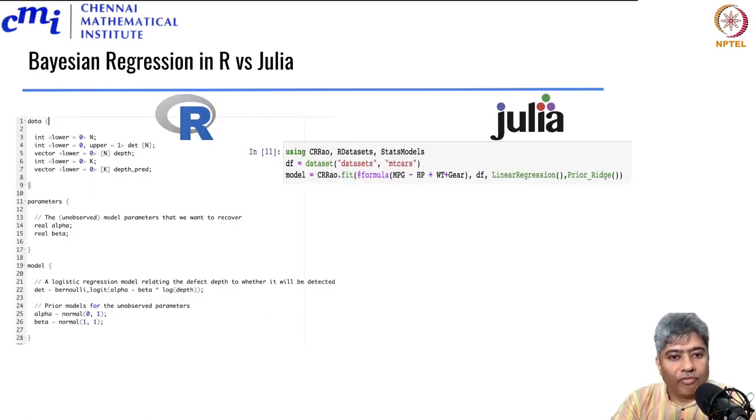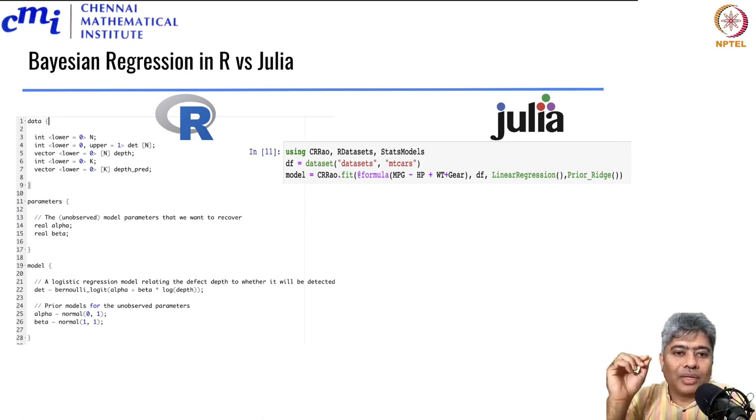So here I have given you a code. This is the Stan code that I have written for Bayesian regression in R. It's about 30 lines of code that I wrote in Stan, and then I thought I could write a small line of code which would, in one line, implement the Bayesian linear regression with Ridge prior.